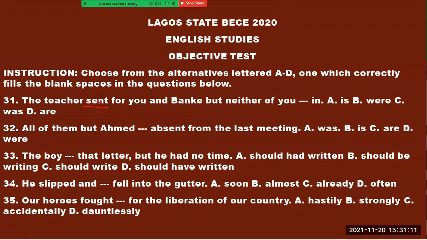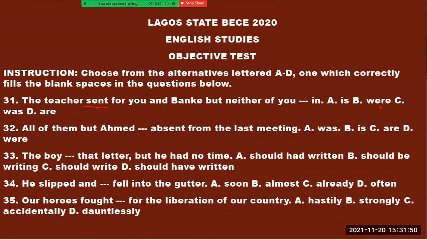And here we are dealing with sequence of tenses where you have two clauses in a sentence, and the first clause contains the past tense of the verb, then the second one should also contain the past tense of the verb. But there are exceptions to the rules. If you check through this channel, you will find a video I uploaded on sequence of tenses that will teach you this grammatical principle, and you will know how to apply them.